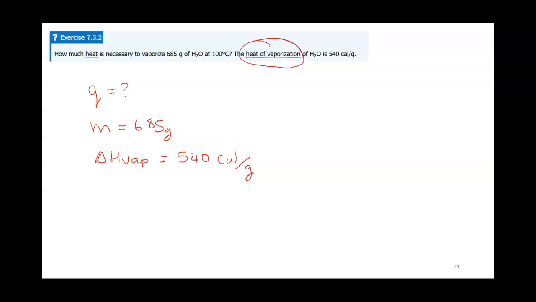So this should be relatively easy. Q equals m times delta H vap, and we can see that Q is 685 grams times 540 calories per gram. So to see what we get, we'll put that into the calculator.